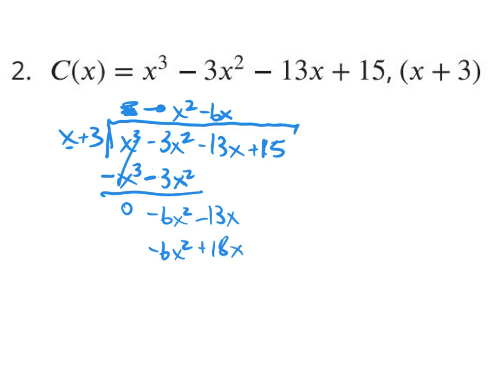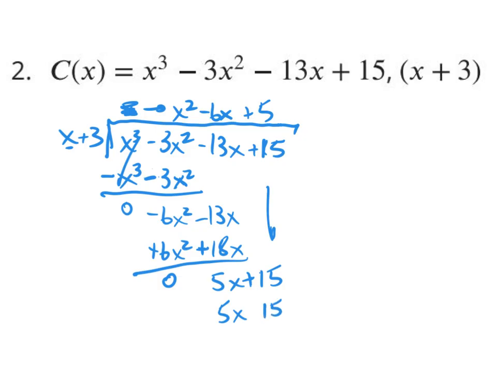Step 2, change both signs. Multiply to match the leading term. Change both signs. We get 0 there. We get positive 5. 18 minus 13 is positive 5x. Bring down the 15. What times x makes 5x? 5. 5x, 15.